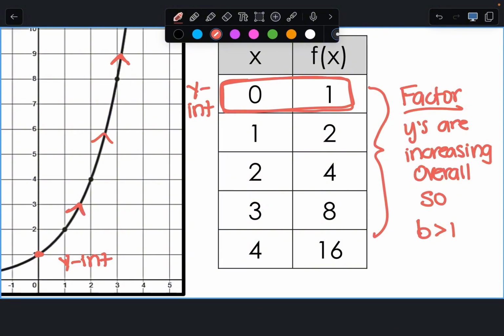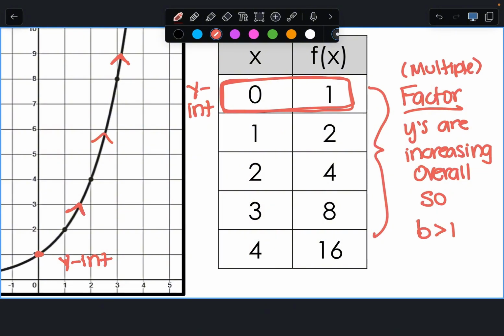Even if you don't know what the factor is, even if you don't know what number you are multiplying, remember your factor is a multiple. You know that the numbers are increasing, so my b has to be greater than 1. But you are in algebra, so what number are we multiplying by to increase?